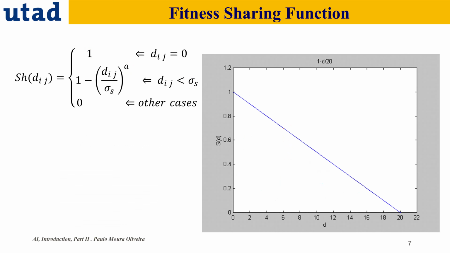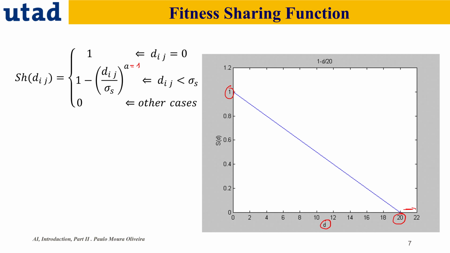This is an example with a linear function, where alpha is equal to 1, and this is the distance. We can see here that the maximum sharing is 1 when they are at the same point, and it is going to decrease until the radius, which is 20.